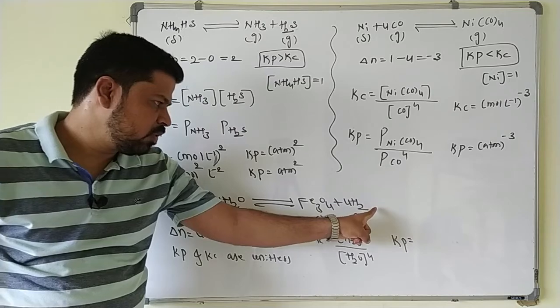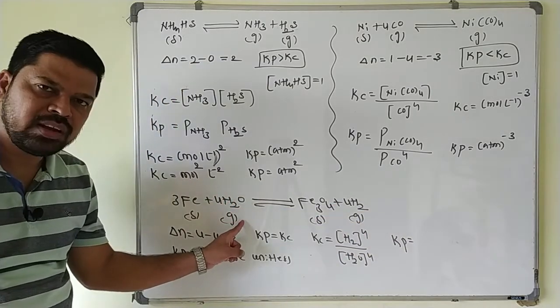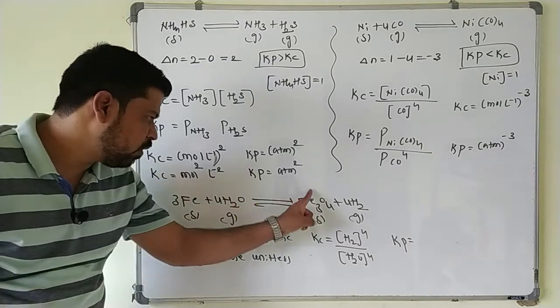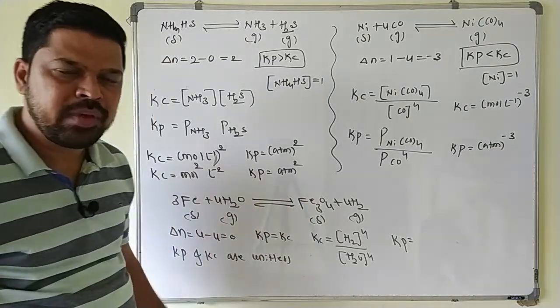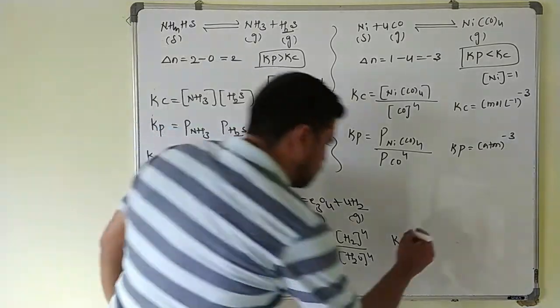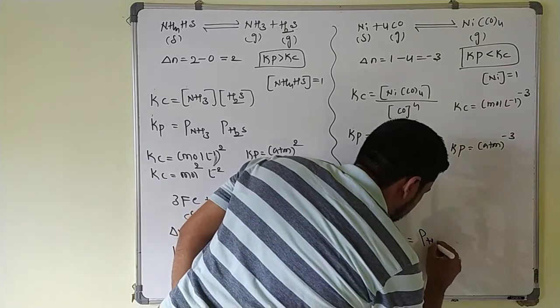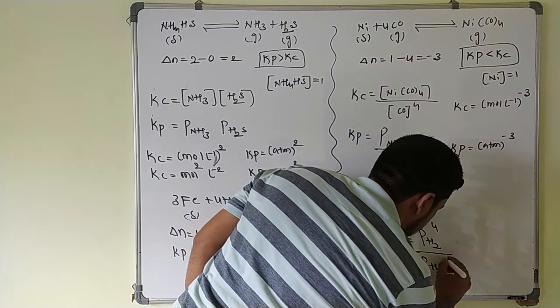H2 is in the gaseous form, H2O is in the gaseous form. The two solids are always taken as 1. They should not be considered in the Kc as well as Kp expression. So this is partial pressure of H2 power 4 divided by partial pressure of H2O power 4.